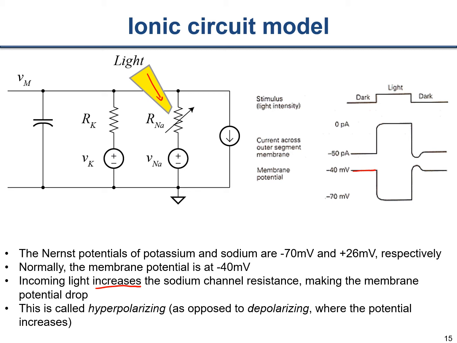And when light hits the cell, we actually drop closer to the minus 70 millivolts for potassium, because potassium's resistance is nominally not changing much during this time. So as a result, we basically drop all the way down to minus 70 millivolts. This is why we call this a hyperpolarization event, as opposed to a depolarization event, where the potential goes positive instead of getting more negative in this hyperpolarization case.